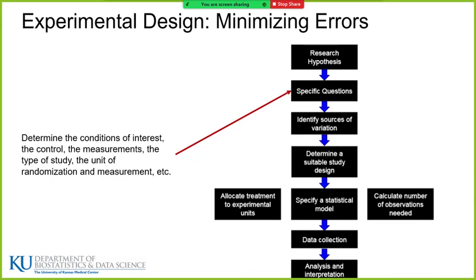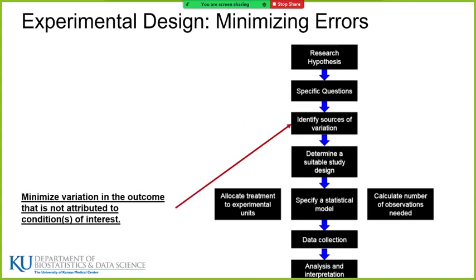So in terms of a clinical trial in humans, are the participants in the study actually taking the medicine as they're supposed to? So it's a compliance issue as well. For the type of study that's ethical and feasible, we want to pick the strongest one that meets those requirements. Randomization: in an experiment, randomization is used, how are we going to randomize, and so forth and so on.